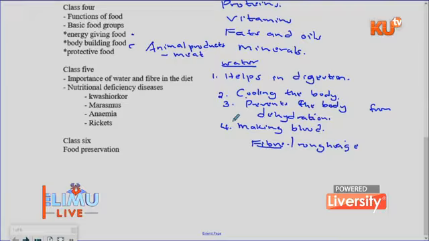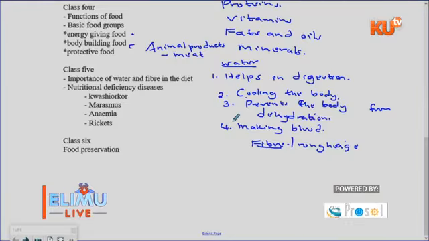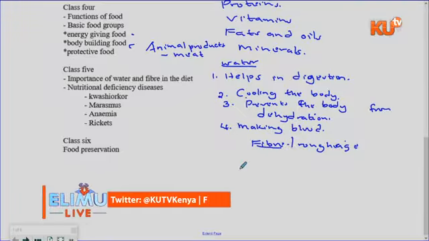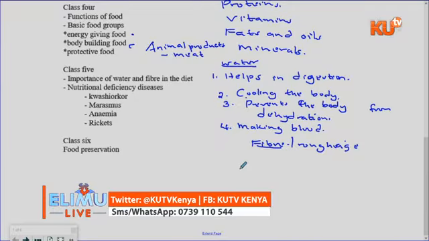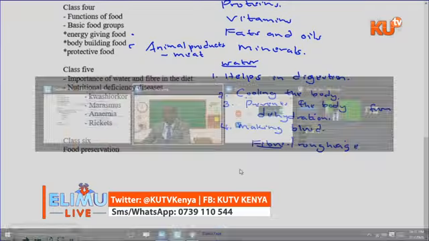So the thing that facilitates removing those undigested food materials properly is what we call roughage. This roughage helps to remove undigested food material. We know feces is the other name for food that is not digested in the body. It comes outside in the form of feces. So fiber helps us to remove that undigested food material.